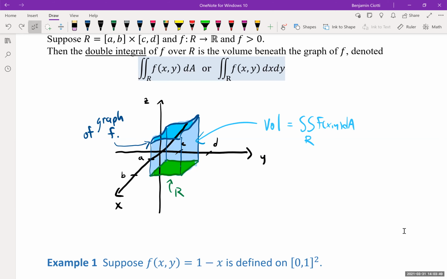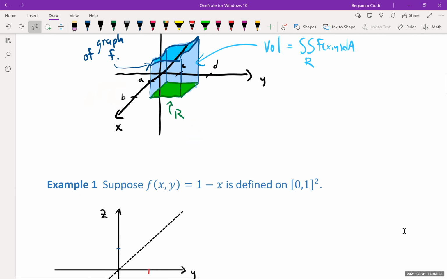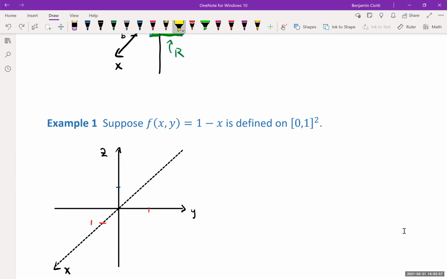So let's look at an example. Let's check out the function f of x and y equals 1 minus x, which doesn't even depend on y, but that's okay. It's defined on [0,1] squared. This is just notation for [0,1] cross [0,1], and we sometimes call it the unit square.